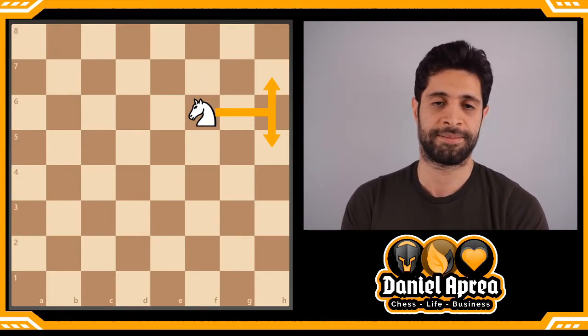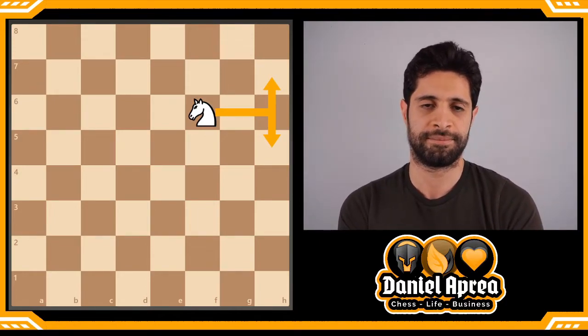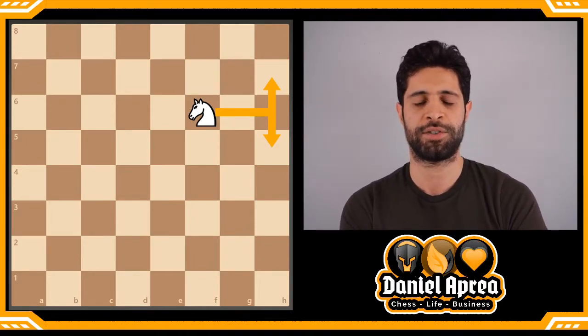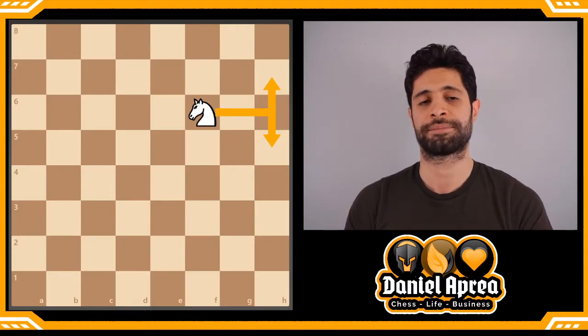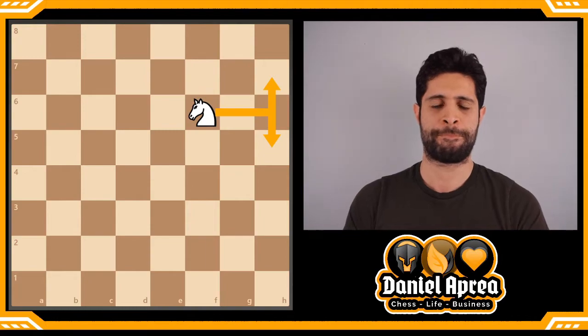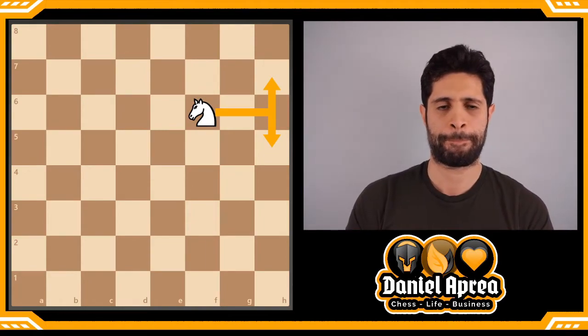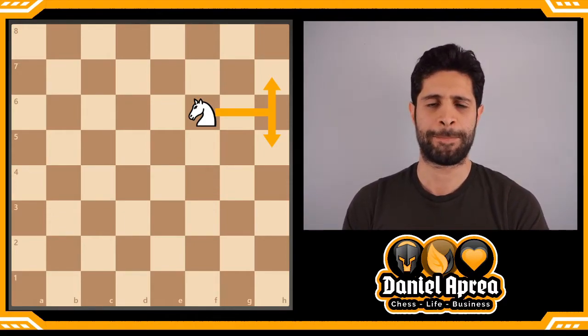I can't remember now. The bottom right corner is H1 if you're white, and that's light. So that means that every even number will be dark, and every odd number would be light.